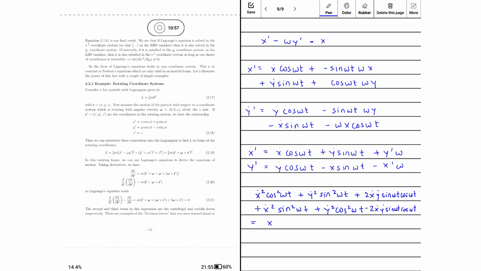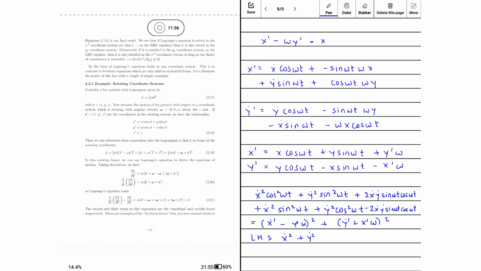This is basically x dot minus omega y dash whole square plus y dot plus omega x dash square. Now if I simplify the LHS, it basically is x dot square plus y dot square, and then these two terms get cancelled. So yeah, we get the expression like this.